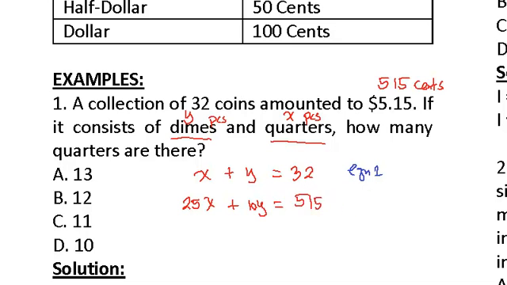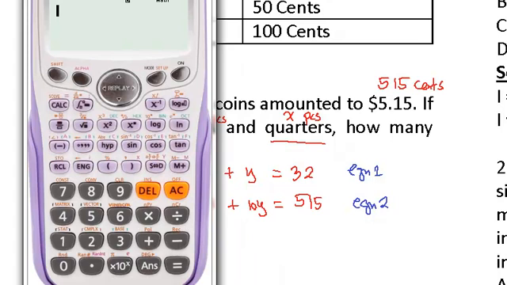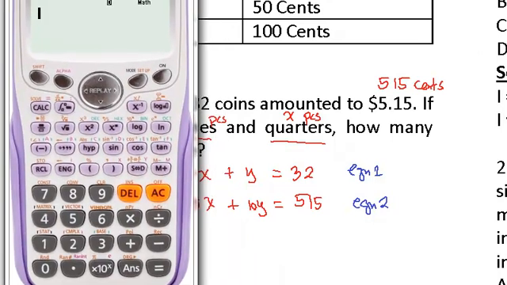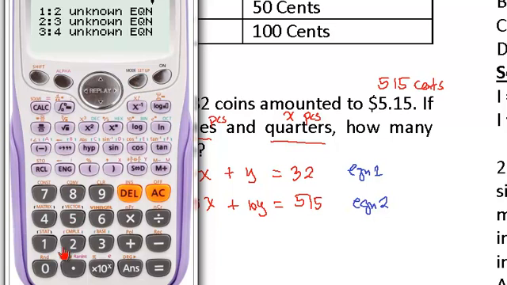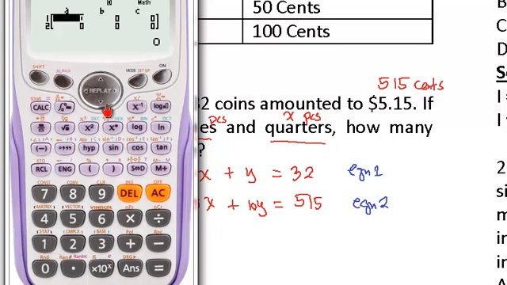Now, I normally use this approach, two equations, two unknowns, because anyway, we have a calculator to do the job. When we want to solve for x and y, we go to mode, equation. That's 5. Then how many unknowns? Two unknowns. Then we have a, b, c.